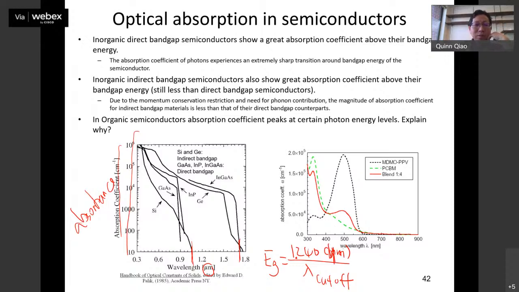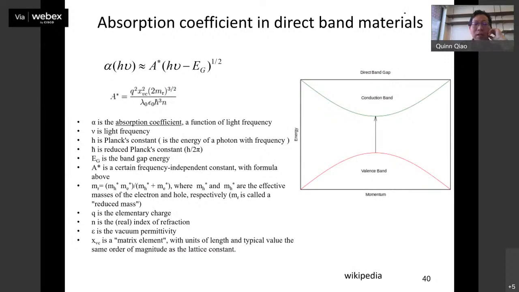And then you also asked a question about the absorption coefficient, right? If you look at the equations, here's one way you can measure the absorption coefficient. You see the absorption coefficient equals this equation.